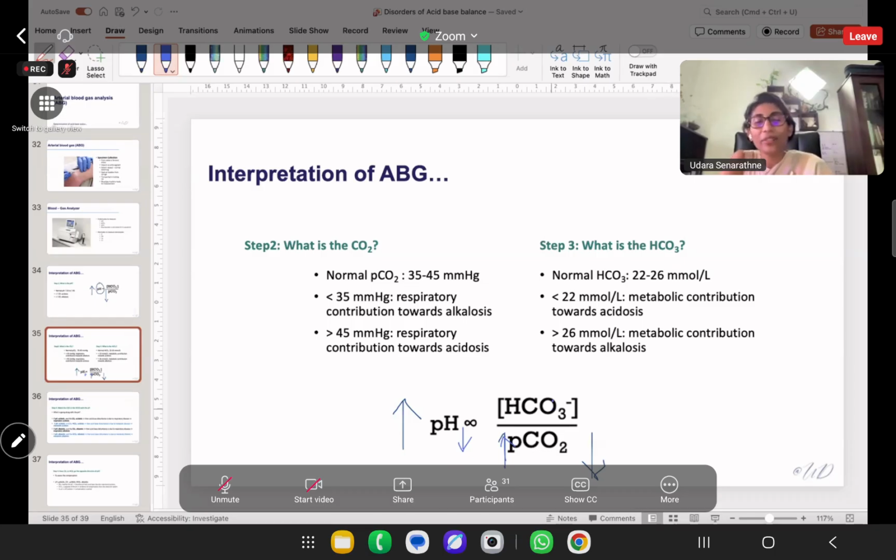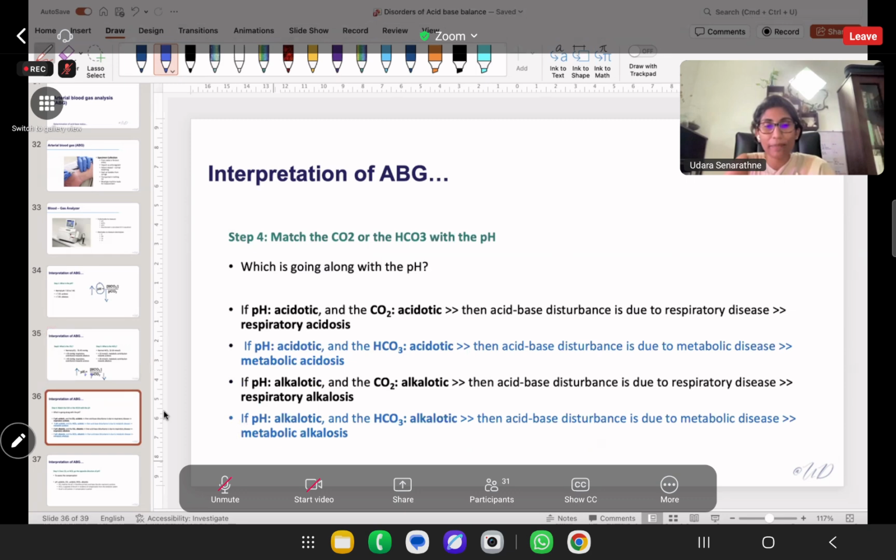That is how you identify which component is contributing to the acid-base disorder. First you identify whether it is acidosis or alkalosis, then you identify which component is contributing to the acidosis or alkalosis.